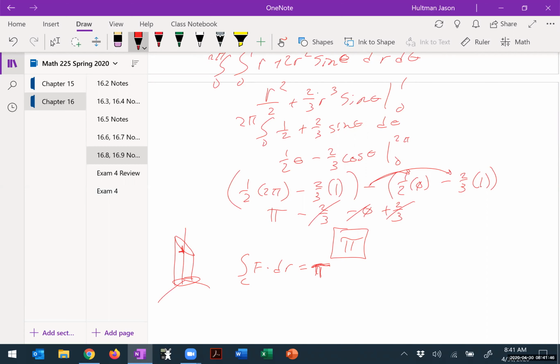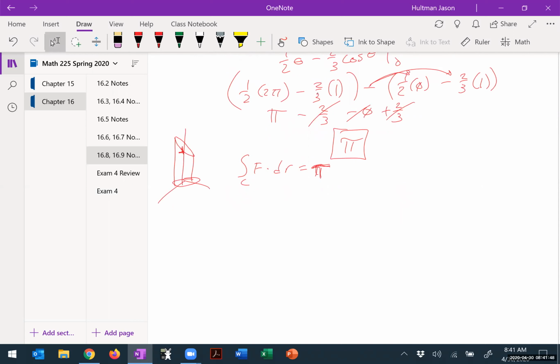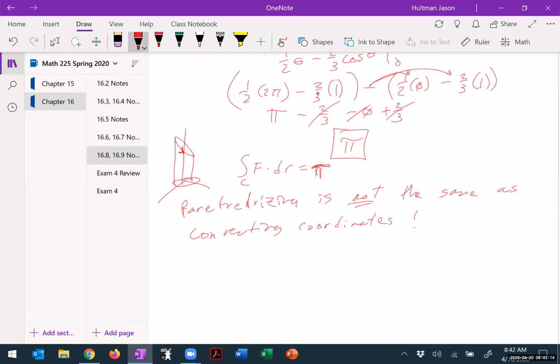Now, one thing to keep in mind is that parametrizing is not the same as converting coordinates.